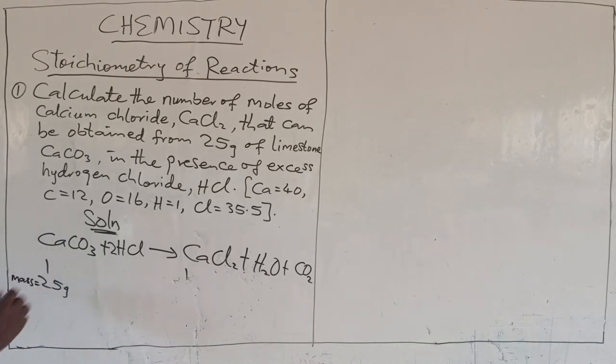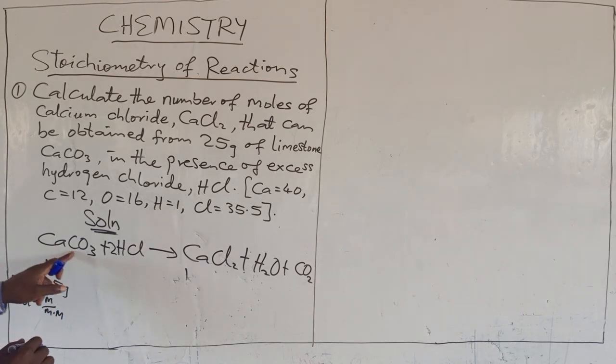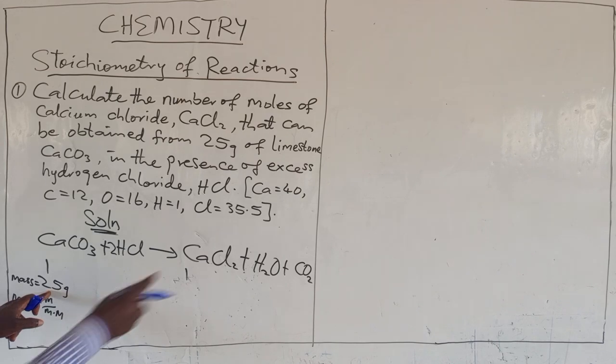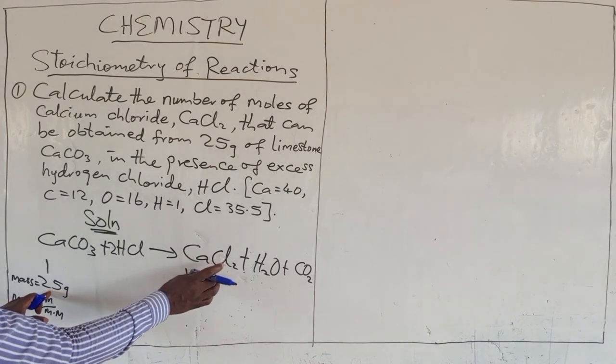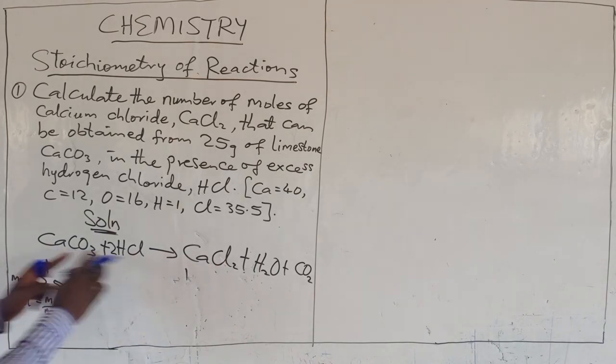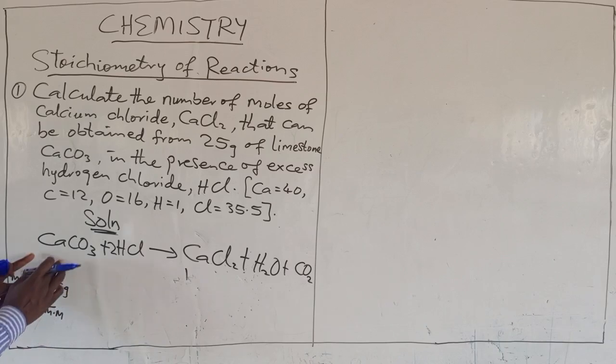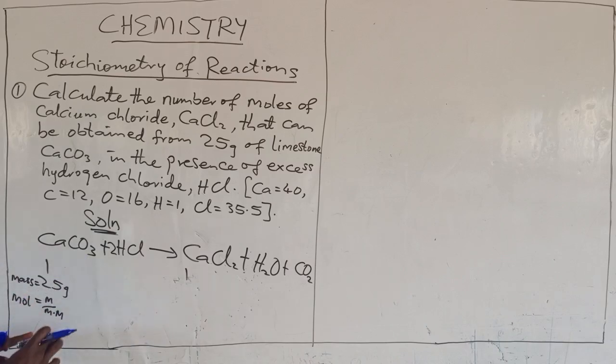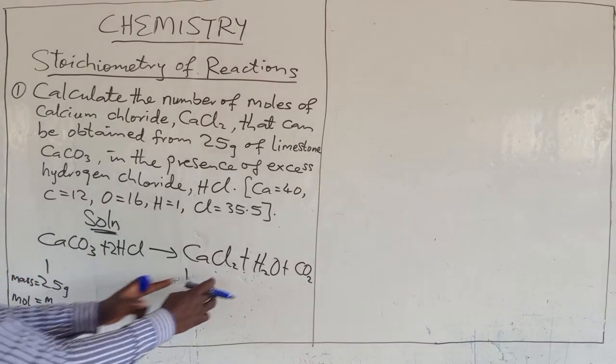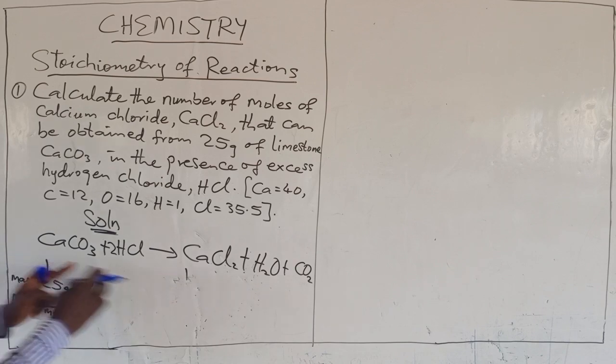The formula for mole is mole equal to mass over molar mass. So I can calculate also the molar mass of this since I have mass of it. But this is what they asked me to calculate. But since 1 mole of this produces 1 mole of that, I can use this and work out the mole and then use that and compare with this one using this and this.